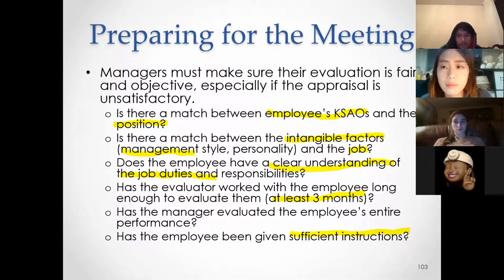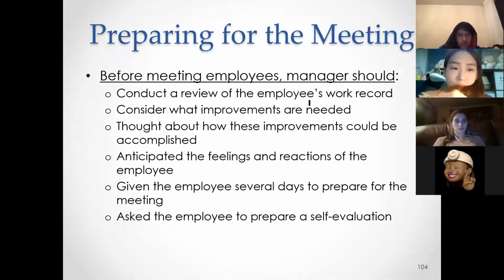So let's say that we are HR, and we're getting a manager ready to give bad news to this guy, Nick. The manager is about to have an evaluation meeting with Nick to discuss his recent bad performance. So we're going to tell John, the manager, first, you need to make sure you looked at the employee's work record.